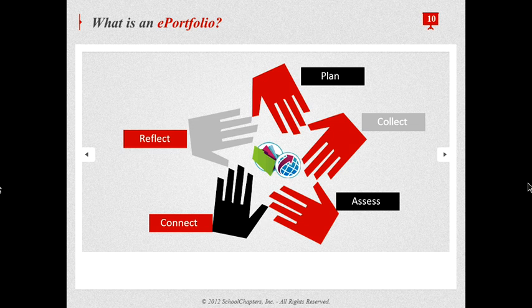So we wanted our ePortfolio to reflect the students' understanding of early childhood education, but it really needed to be based on the NAEYC standards so they could reflect back over their learning throughout the degree, and it would be in a cohesive format. I'm going to probably use that word cohesive a lot because that is what we kept coming back to over and over. We wanted a product that was cohesive.